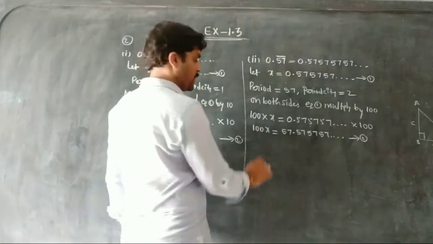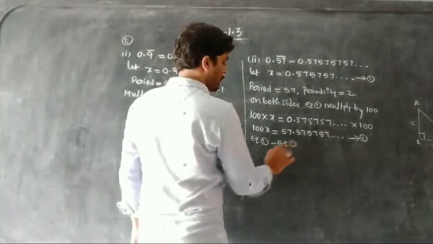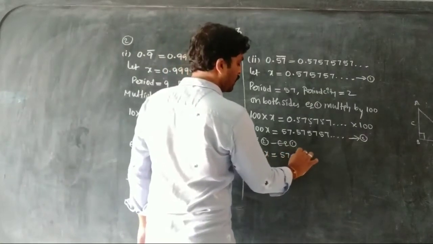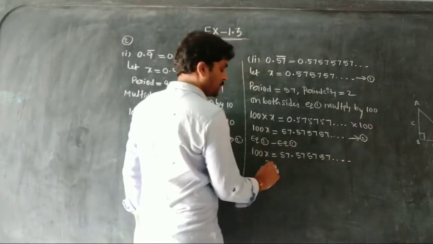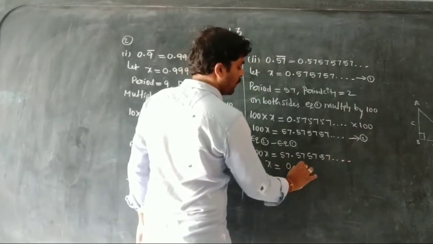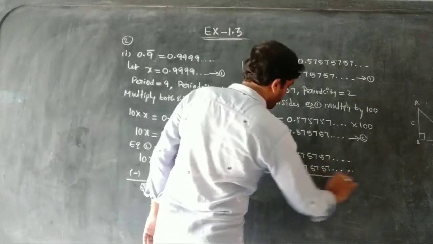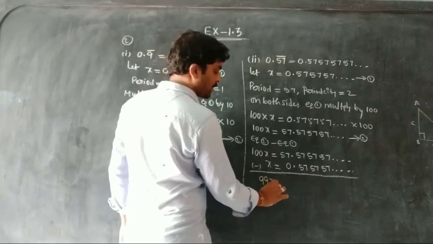Now we'll do equation number 2 minus 1. That is 100x is equal to 57.575757 and so on. Now x is equal to 0.575757 and so on. Now subtract both: 100x minus 1x is 99x.